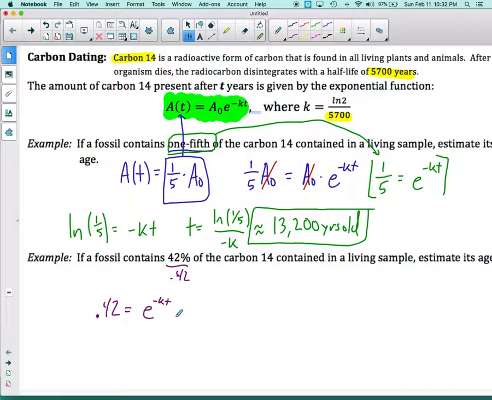And then just like last time, we want to turn this into a logarithmic equation. So rewrite that as the natural log of 0.42 equals negative kt. So then dividing both sides by negative k, we get the natural log of 0.42 divided by negative k. So we pull up the calculator.